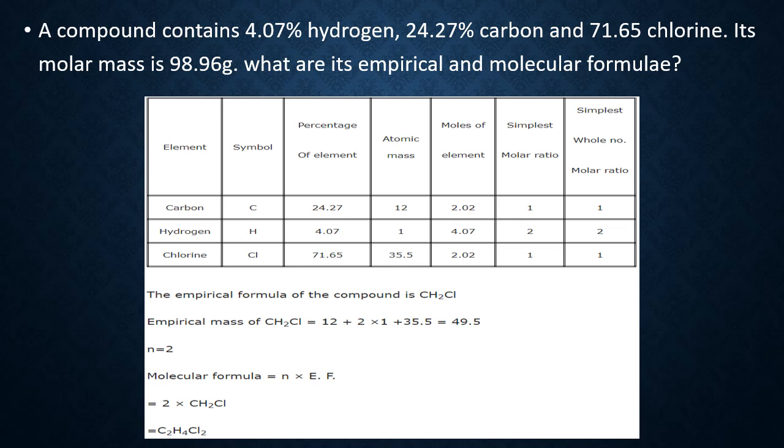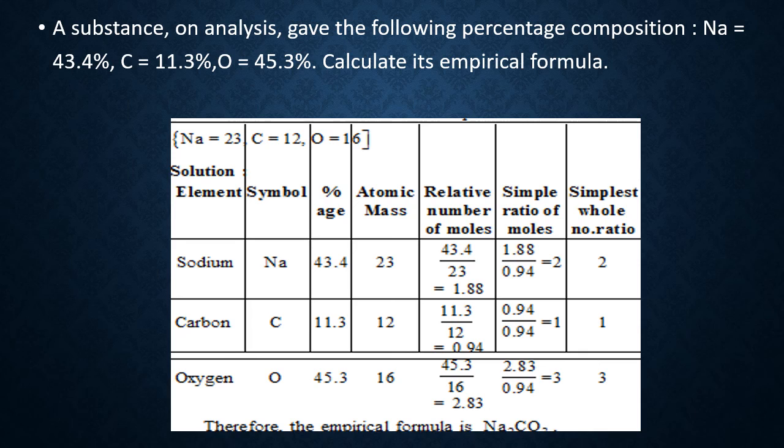I think it is made clear, but still we will go for one more example. A substance on analysis gives the following percentage composition. Now you see the composition and the table: three different elements, their symbols, their percentage composition, their respective atomic masses. So divide the percentage by the atomic mass, and we get the relative number of moles.